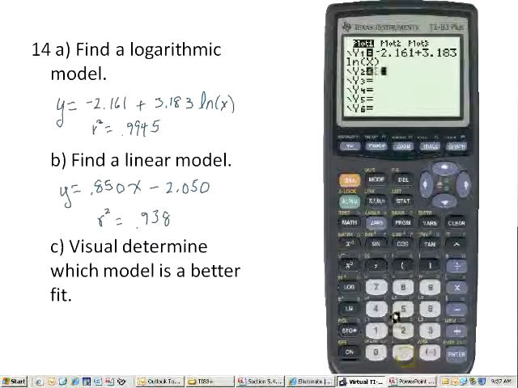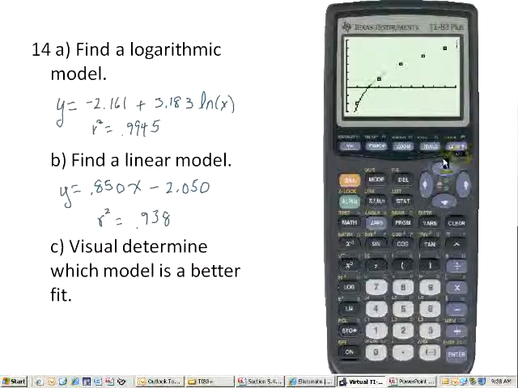And then the linear function, we had y equals 0.85x minus 2.05.